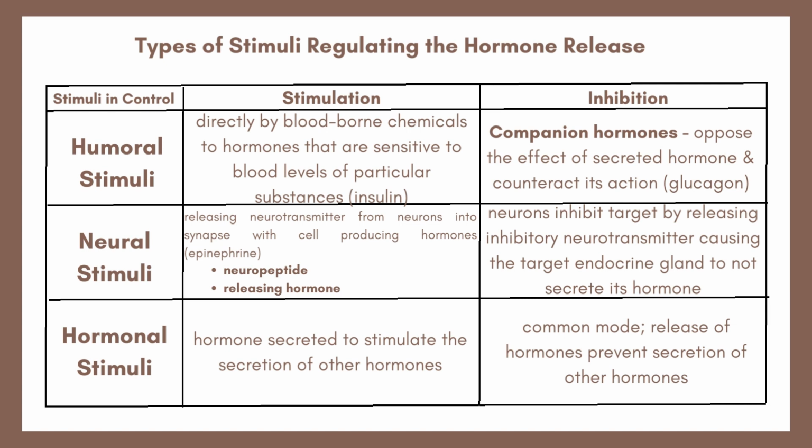The stimulation in hormonal stimuli would be the trophic hormones of the anterior pituitary gland, which is the TSH, and TSH will stimulate the thyroid gland to produce the hormones T3 and T4. T3 is the hormone triiodothyronine and T4 is the hormone thyroxine.